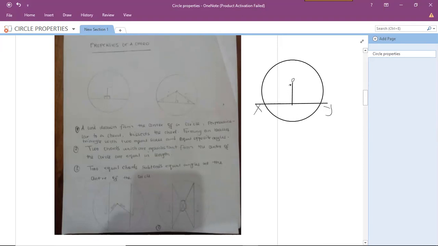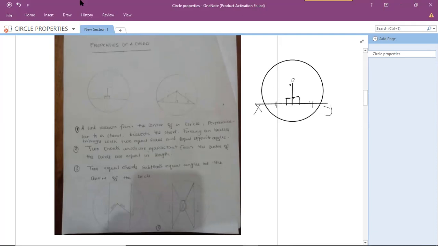And remember, every time someone says perpendicular, it means the two lines meet at a 90-degree angle. So the distance from there to there is the same as there to there.